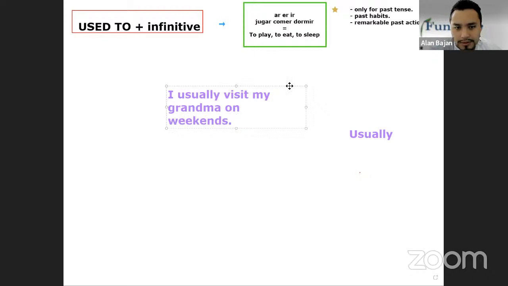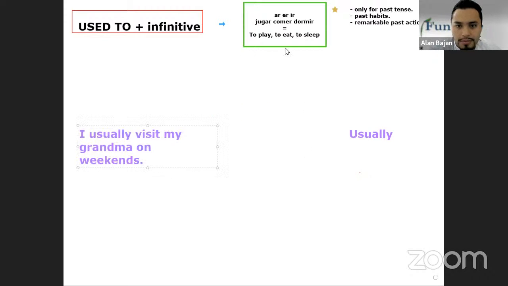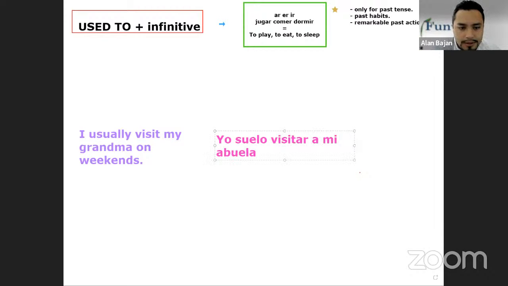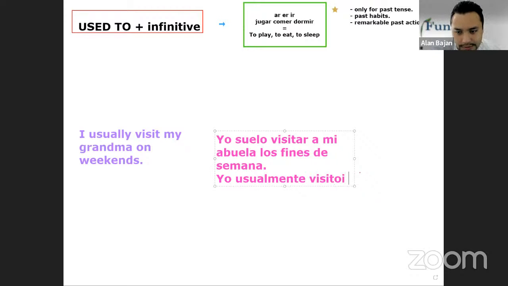And this means yo suelo visitar a mi abuela los fines de semana. O yo usualmente visito a mi abuela los fines de semana.